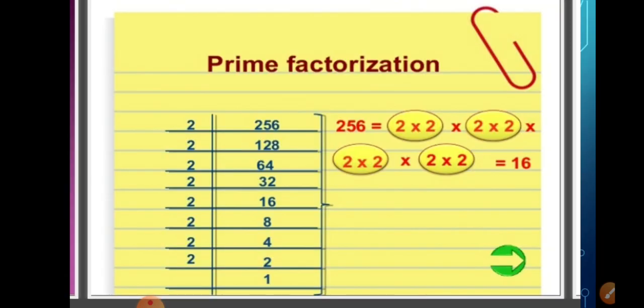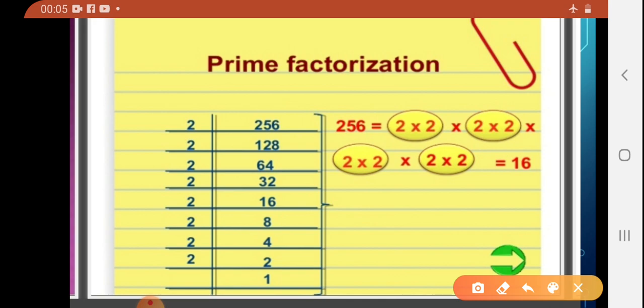Now prime factorization. If we have to take out the square root of 256, by the prime factorization method we will take out the prime factors. The answer will be 2 into 2 into 2 into 2 into 2 into 2 into 2 into 2. Now what we have to do in this method is make pairs.